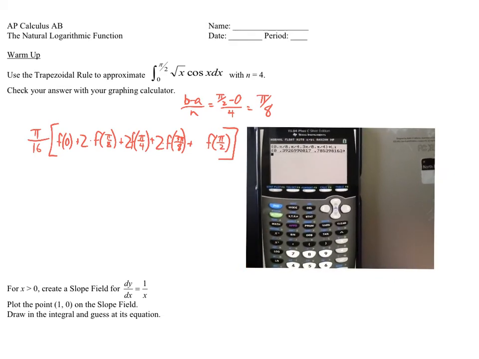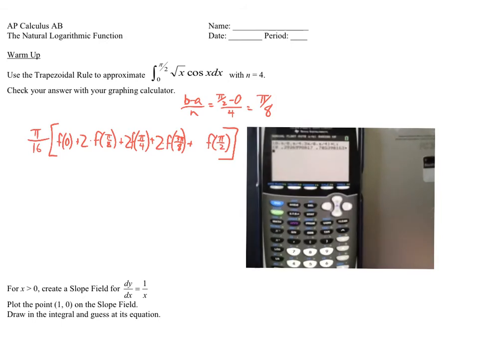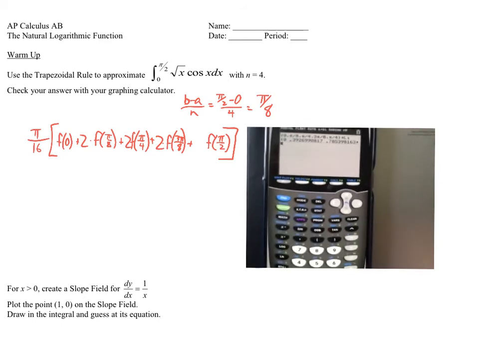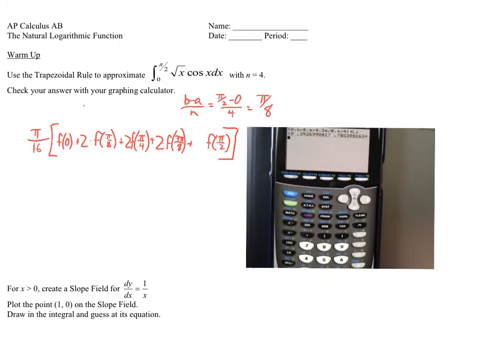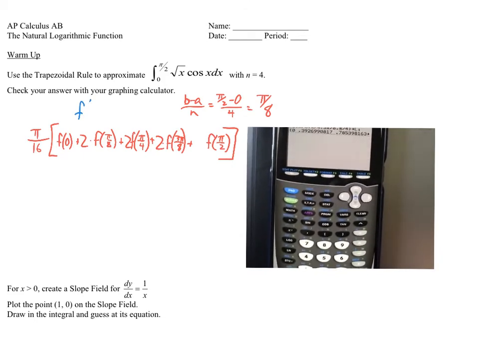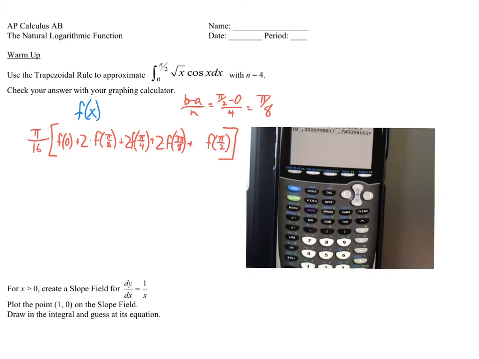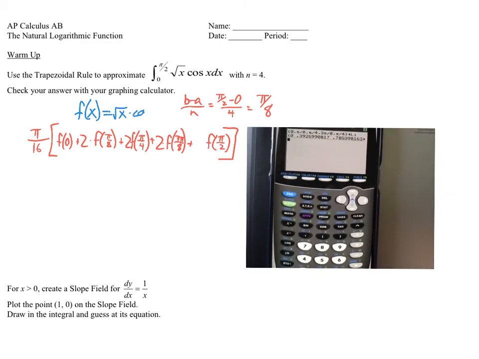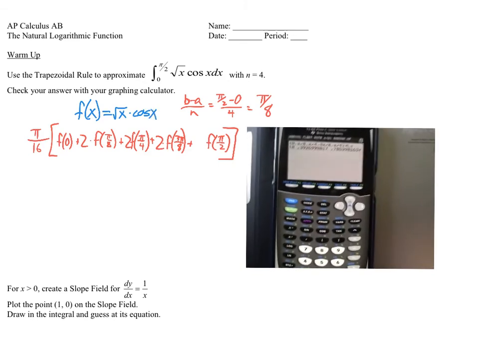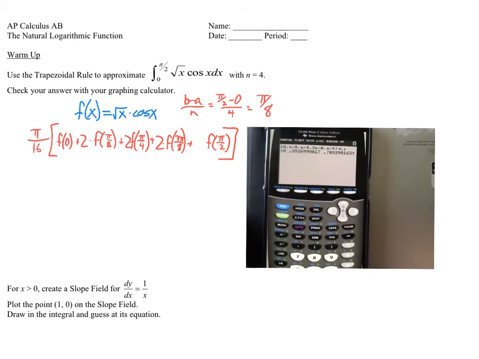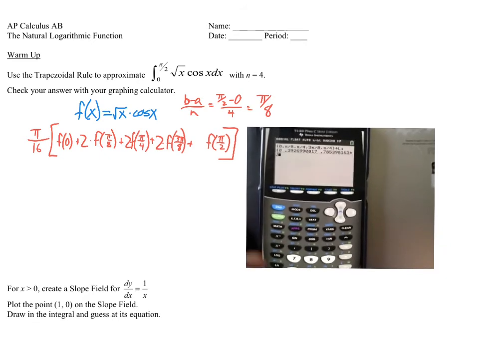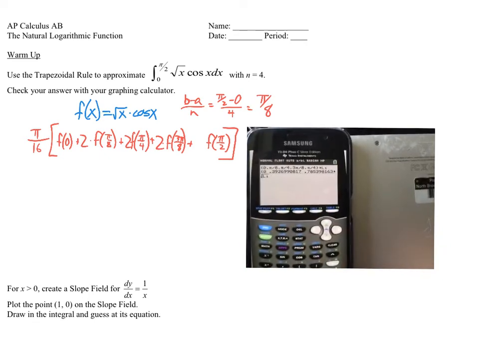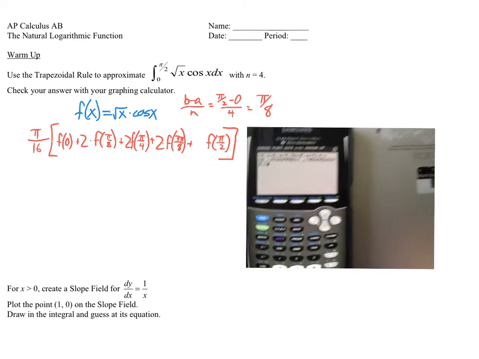So now I need to do f of each of those values. Well, my function is the square root of x times cosine of x. Now, when you're using the calculator, if you do something like the square root of a list, it will actually take the square root of each element in the list.